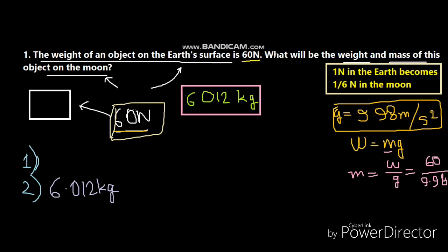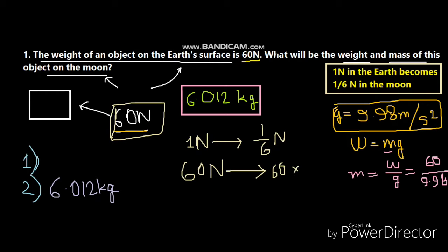So let's multiply this number by 1 by 6, because we know that 1 Newton becomes 1 by 6 Newton. So 60 Newton will be 60 times 1 by 6 Newton, and this will give us a value of 10 Newton.